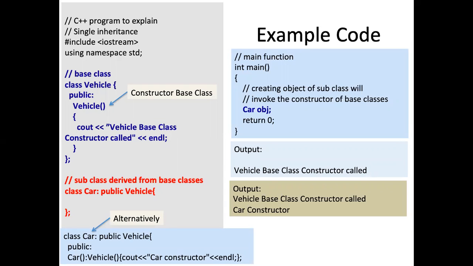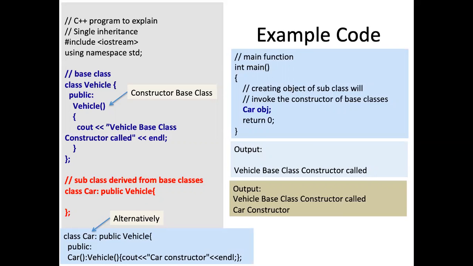If you have a base class and a derived class, first the constructor of the base class is called, and then the constructor of the derived class is called as soon as you declare an object of the derived class.